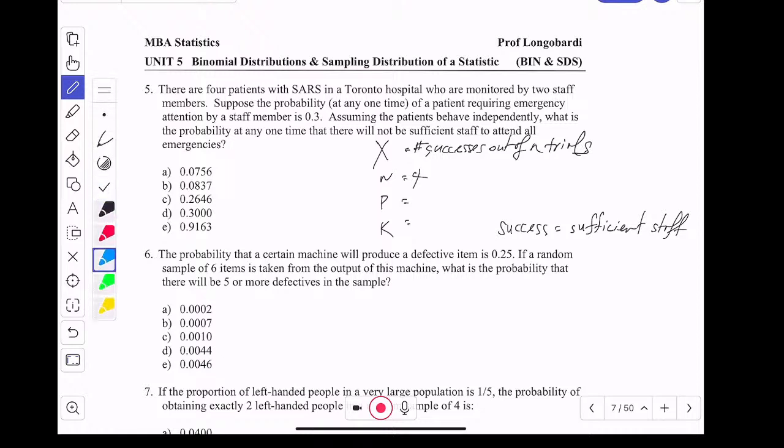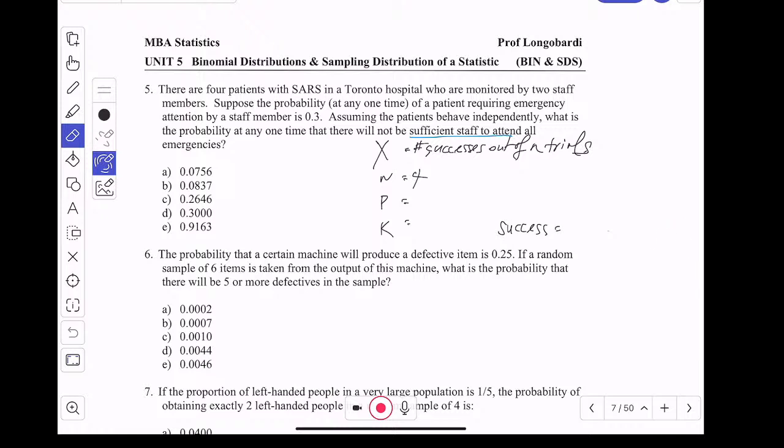So we have to look at the way the question was phrased to find what we're looking for. So sufficient staff. No, that's the overall answer. No, that's not right. Each time we look to see if a patient requires attention.